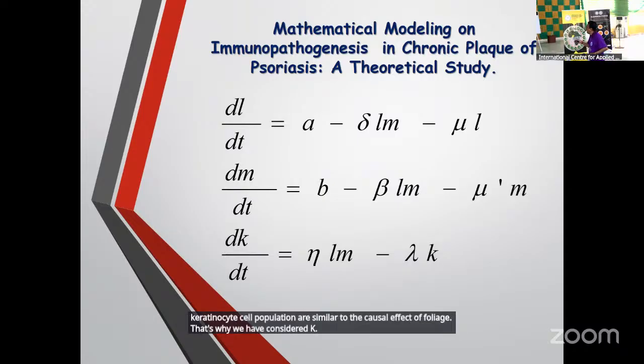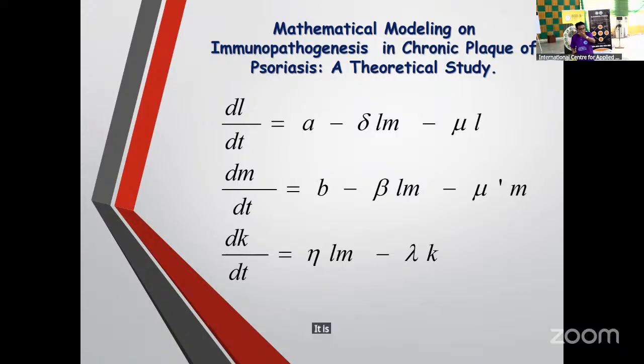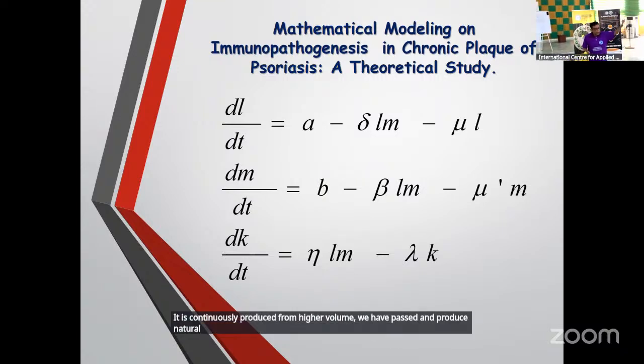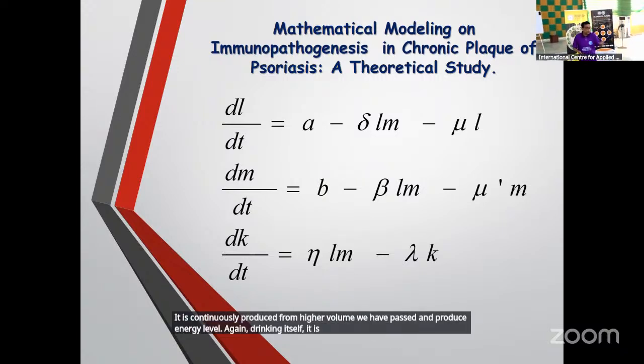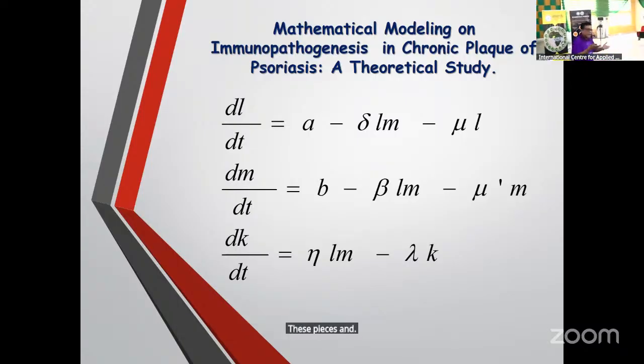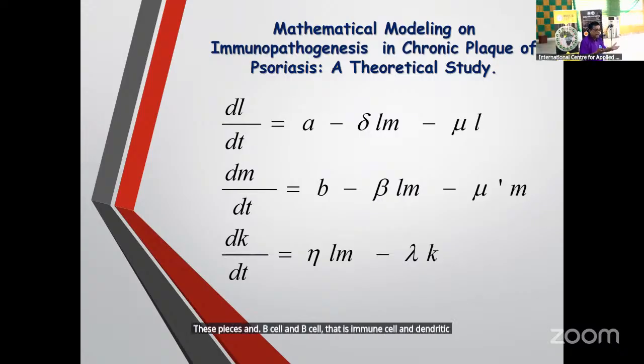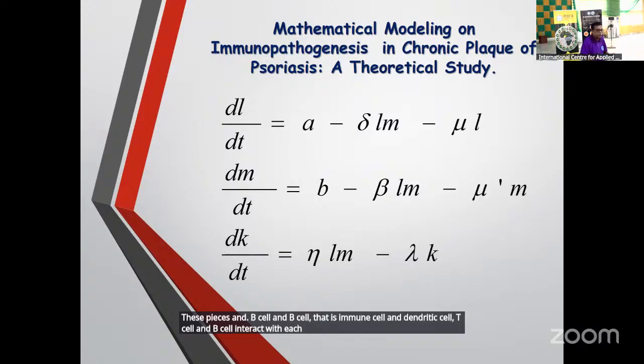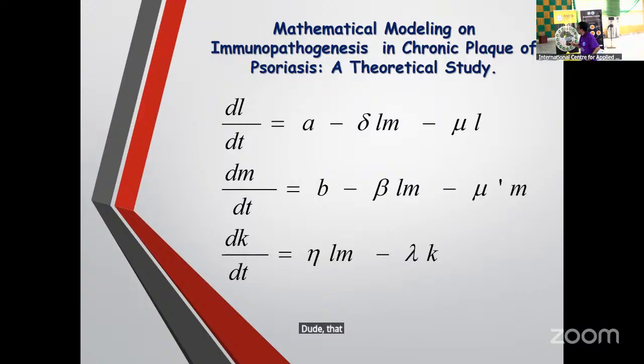Now, the T cell, it is continuously produced from where? Bone marrow. We have considered it at a level A, produced at a level A. Again, the dendritic cell is also continuously produced from bone marrow, so we have considered it as B. The T cell and dendritic cell interact with each other, or accumulate with each other, with respective rates delta and beta.